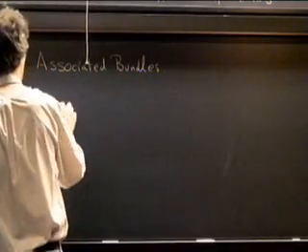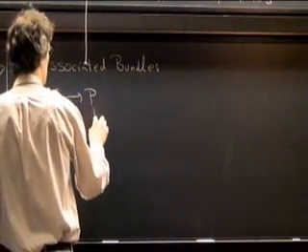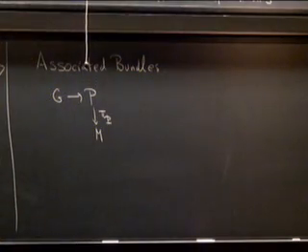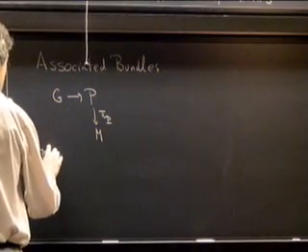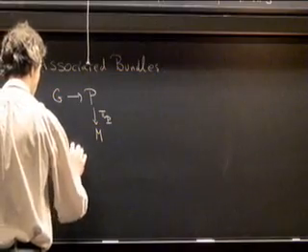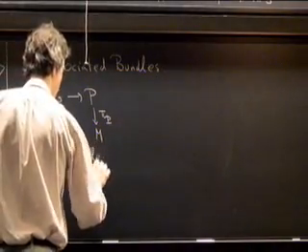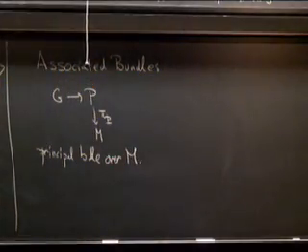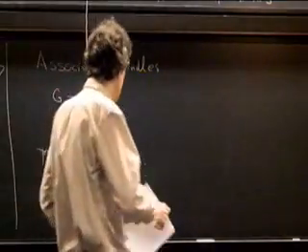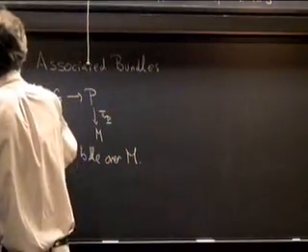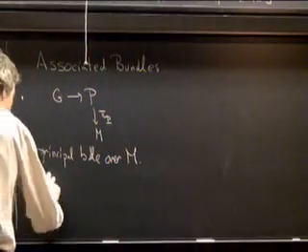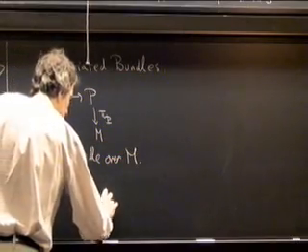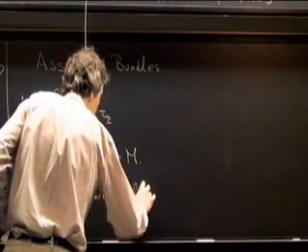Suppose we have a principal G bundle, let's call that pi sub P, that's a principal G bundle over M. And suppose also, so that's one thing we have, and suppose the other thing we have is F is any space with a left G action.